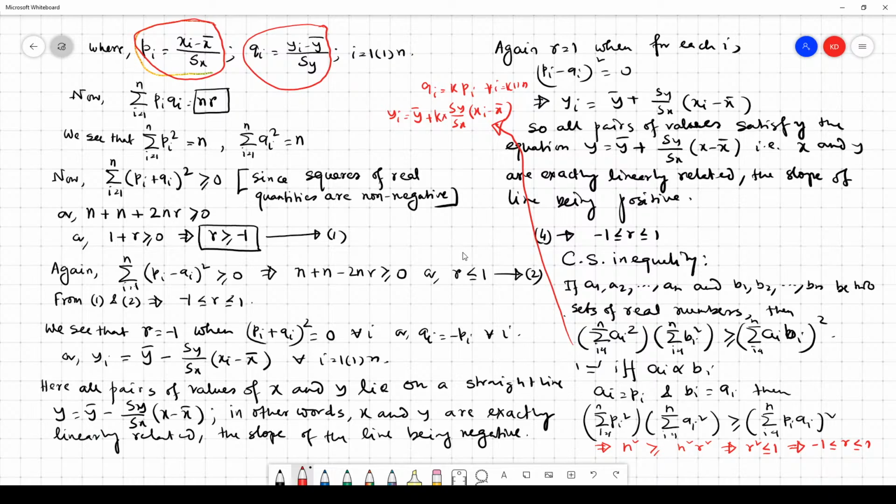So here also you see that the equality holds when x and y are linearly related. And if you consider r equal to -1, then you get k equal to -1. And when you take r equal to 1, then you get k equal to 1. So we get the same conclusions. So you can also prove this inequality via the CS inequality. Okay.